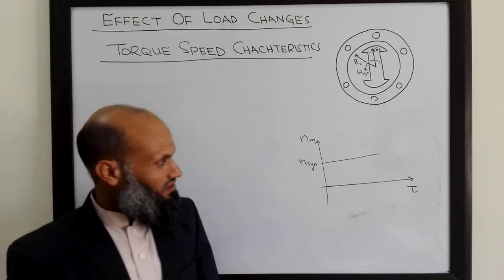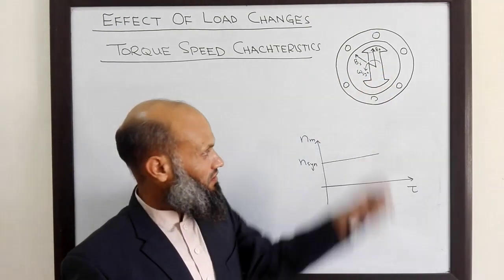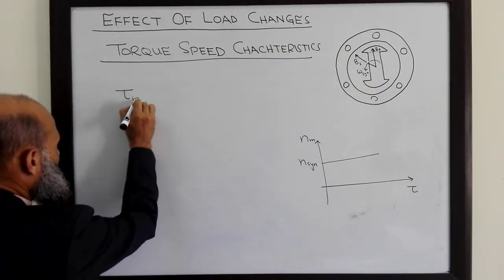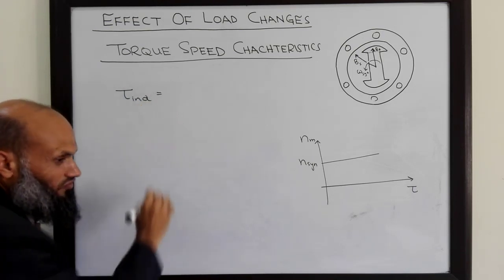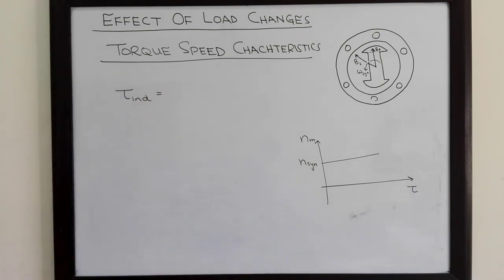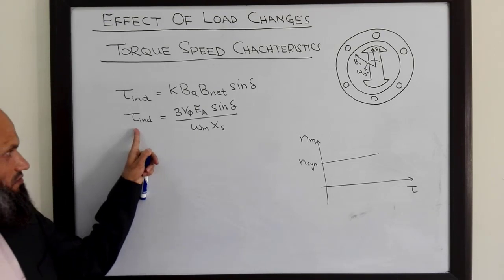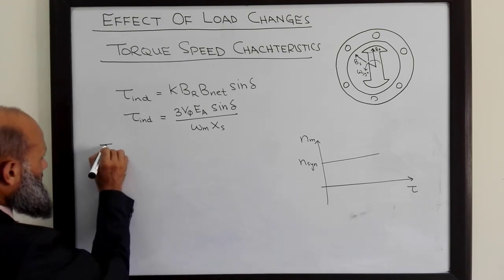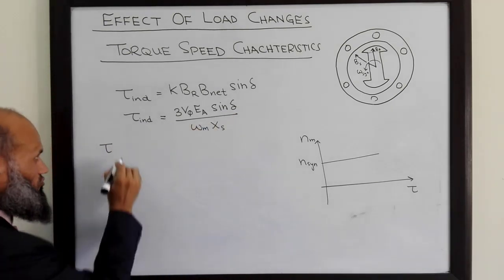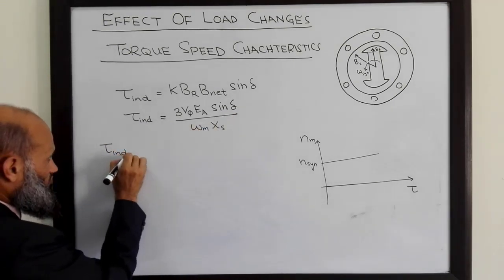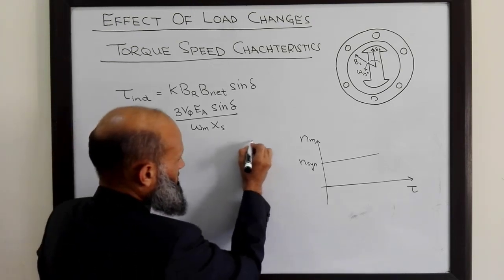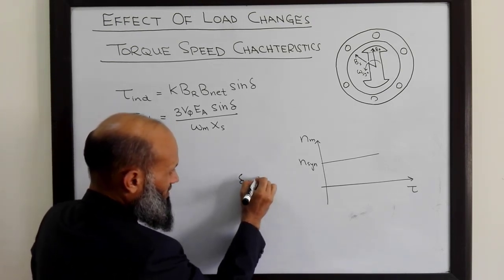To how much extent can we increase the load torque? We know the induced torque is given by this expression, which we derived in one of the previous lectures. The maximum induced torque that we can get out of this synchronous motor corresponds to delta equal to 90 degrees.